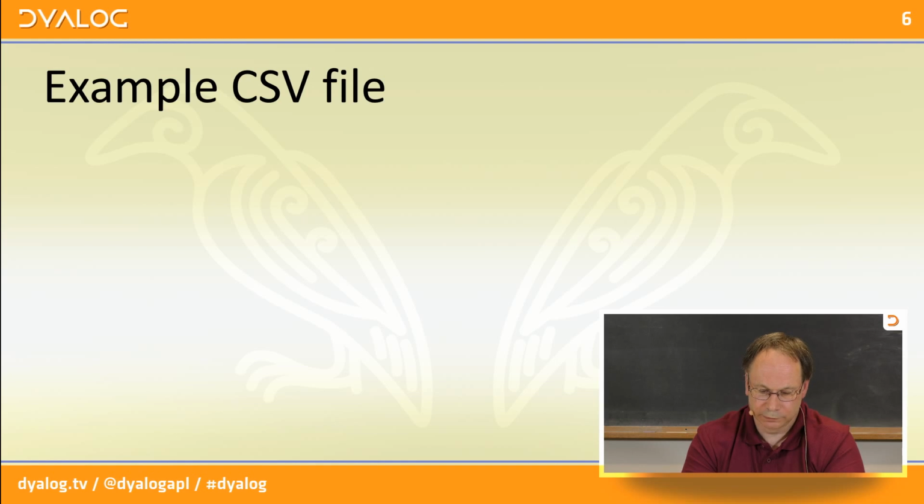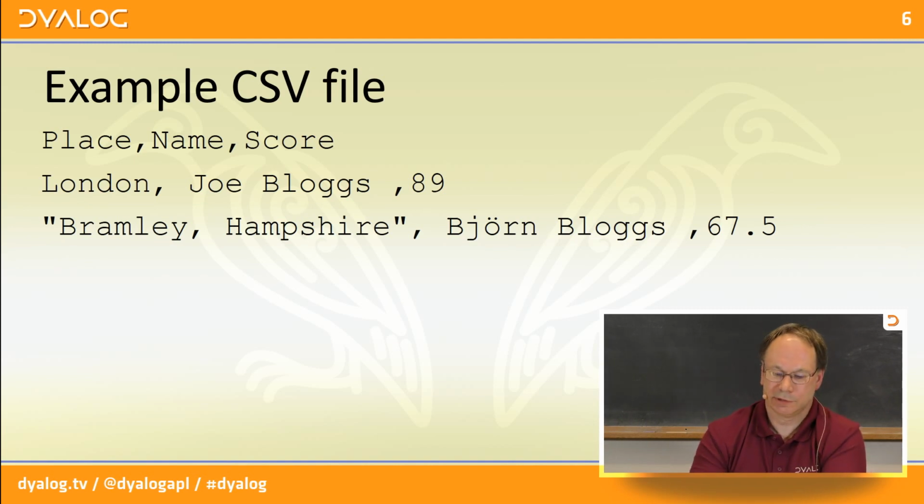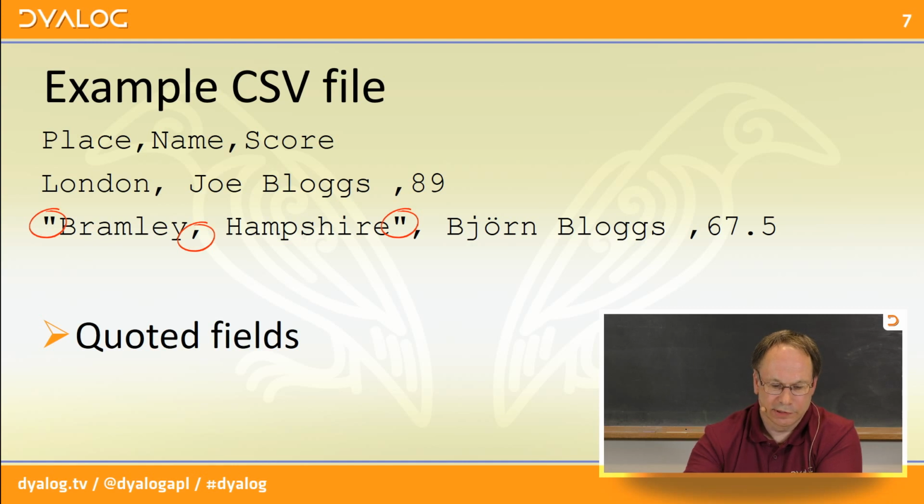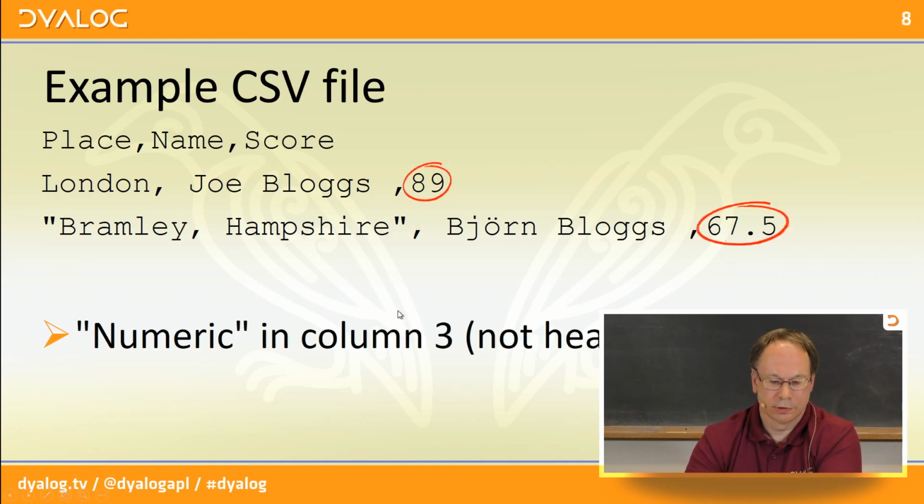So first of all, I'm going to show you a CSV file and we're going to try and process it using APL. Some interesting characteristics about this particular small CSV file are that it's using commas as the separators between fields. The other thing is that one of these fields is quoted, and it's quoted because it itself contains a comma, and we don't want that to be interpreted as a separator. Notice that there are a couple of numeric fields.